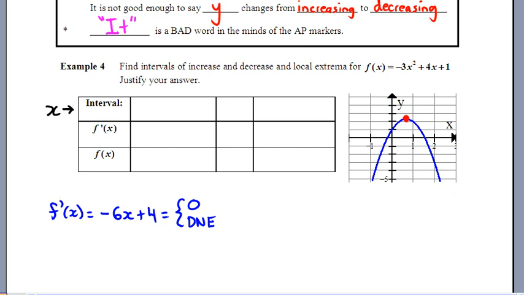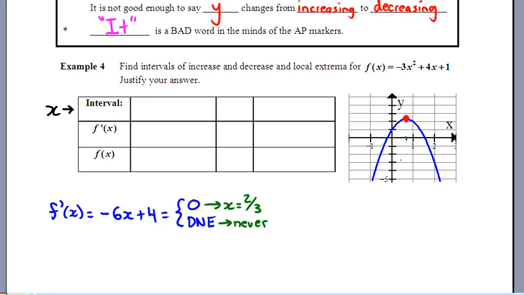The answer is yes and no. I can't find any place where it's broken, so this is a never. But I could make that equal to 0 if I went with x being 4/6, or if you wish, 2/3. So that's an interesting spot, right? And sure enough, that's the critical point, right there at 2/3.